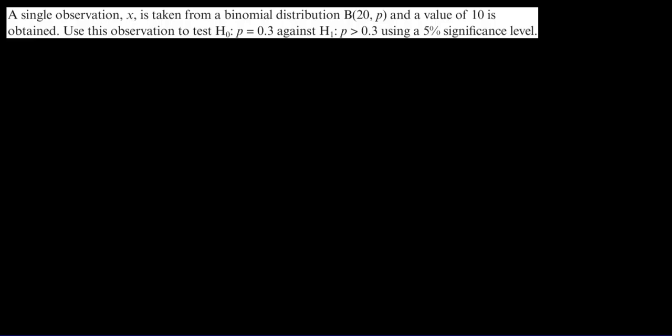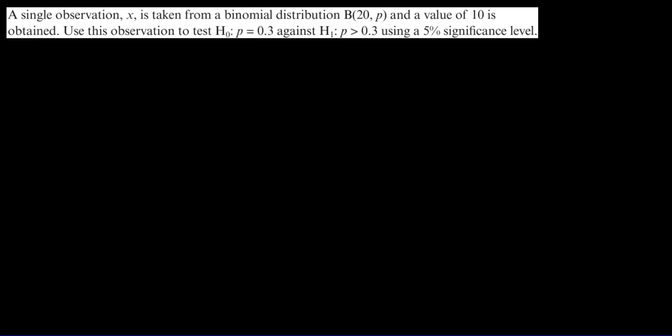So the starting point here again is just quickly have your distribution on there. In this case what we have is a binomially distributed variable with 20 trials, and we don't quite yet know whether p is 0.3 or it is greater than 0.3.